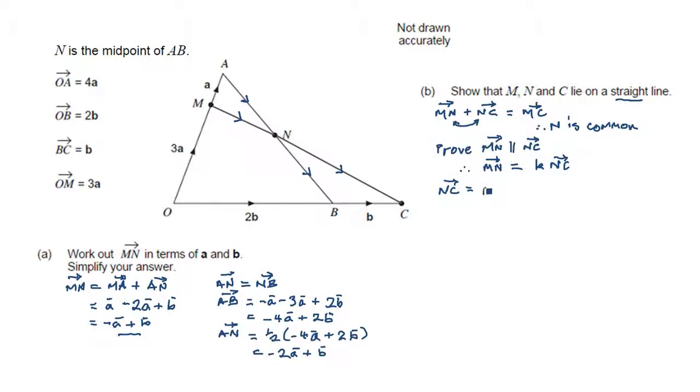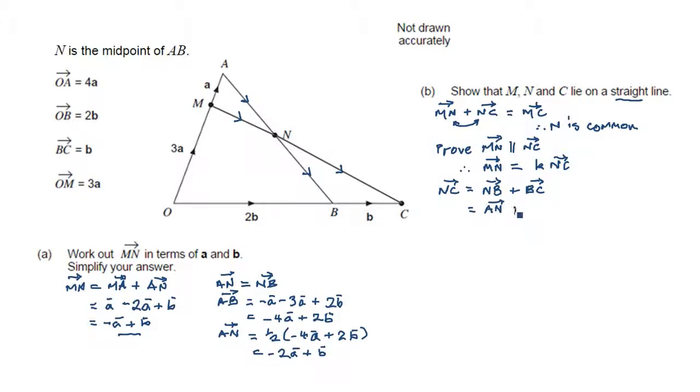So N to C is what? Well, it's got to be N to B. There's only one route here. It's got to be N to B plus B to C. We've got B to C already. What we haven't got is N to B. But N to B is equal to A to N. Okay?